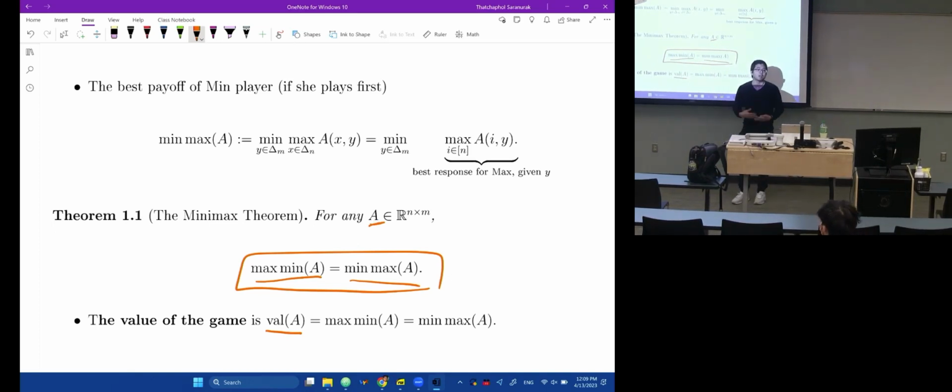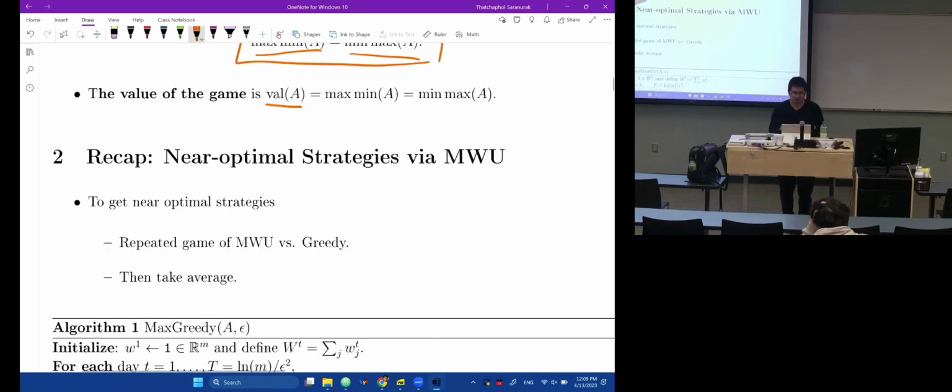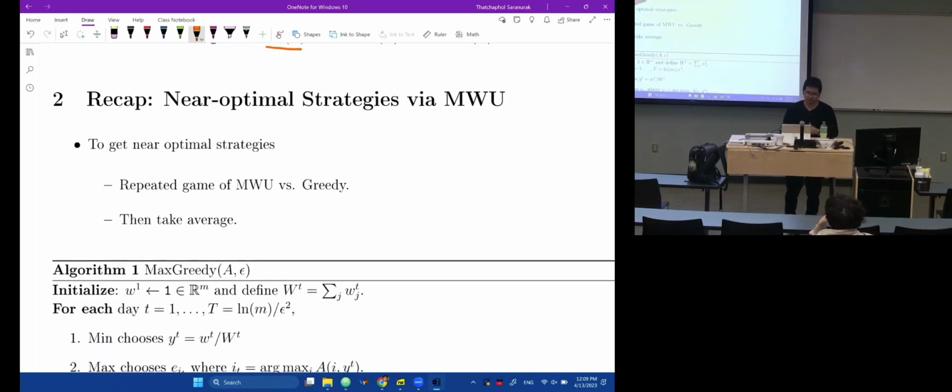We gave an algorithm to construct a strategy for both max and min, such that it's the best strategy for both of them, and proved this. So let's recap. How did we do it? We construct an algorithm to get this near optimal strategy.